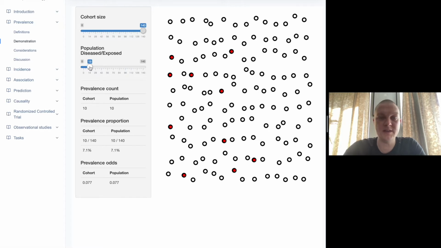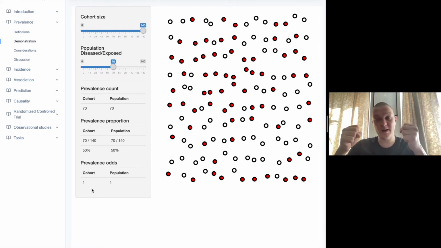We can increase this to, let's say, 70. Now the count is 70. The rate is 50%, so half the population have the factor, and the odds are 1. You see how the odds are 1 now because the presence and absence proportions are equal in magnitude.